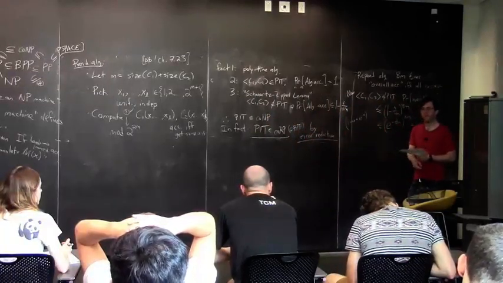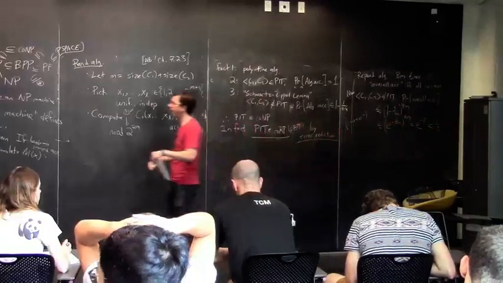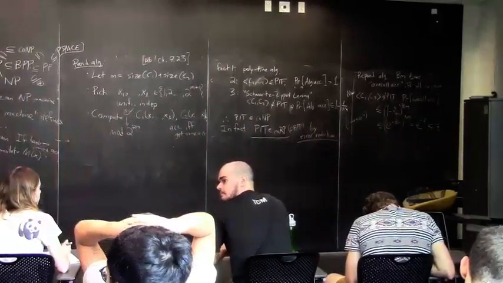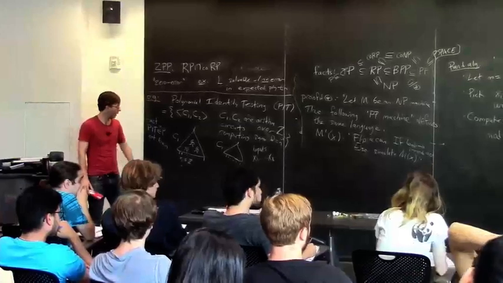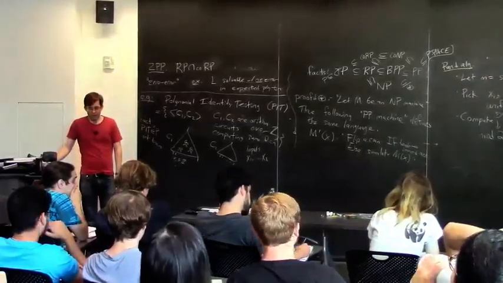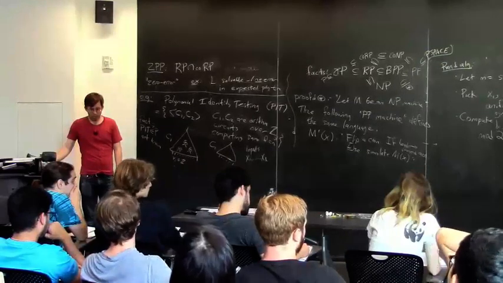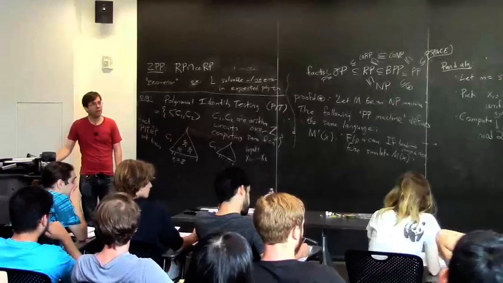Any questions about that? Yeah. If there's just one input to the polynomial, does that make it any easier? Oh, like the number of inputs is 1? Yeah. I should know this.